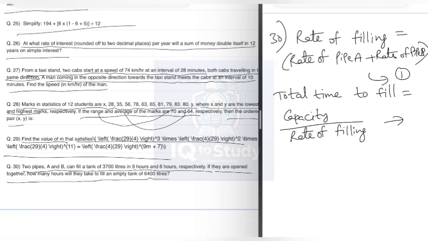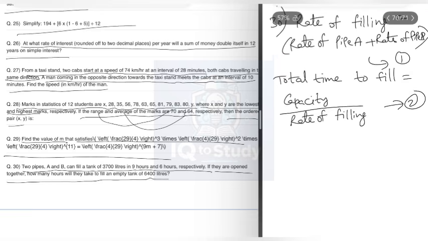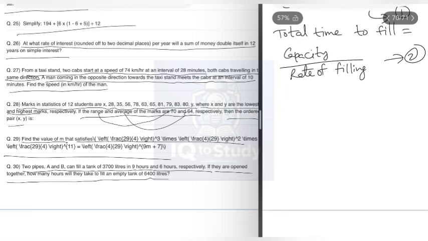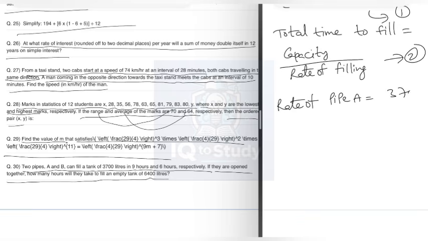According to the question, rate of pipe A is 3700 divided by 9 and rate of pipe B is 3700 divided by 6.